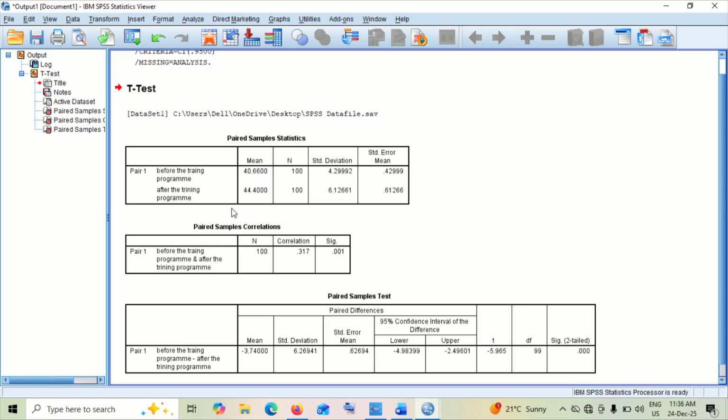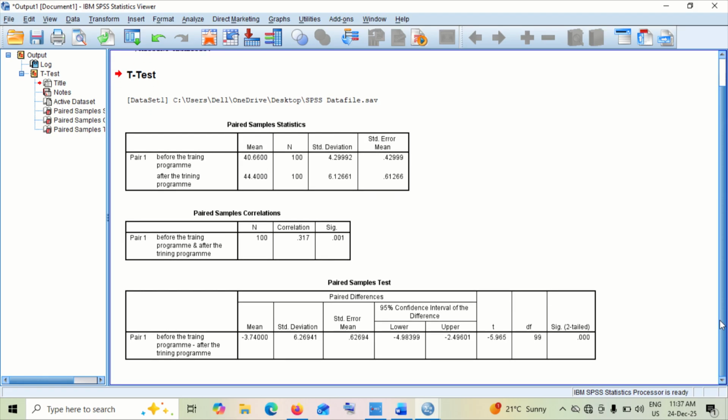First of all, paired sample correlation shows the correlation value of 0.317 and significance value of 0.001. There exists a significant moderate positive correlation between before and after training program with a significance value of 0.001 at 1% level of significance.